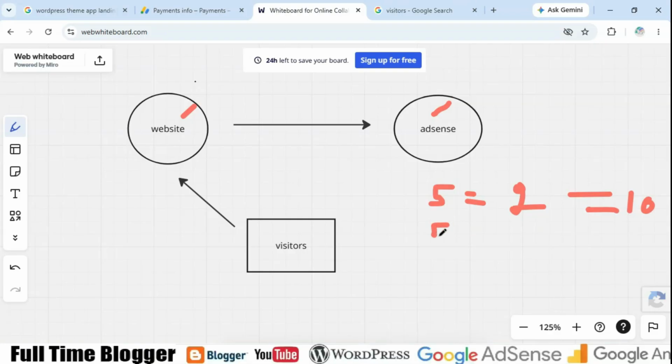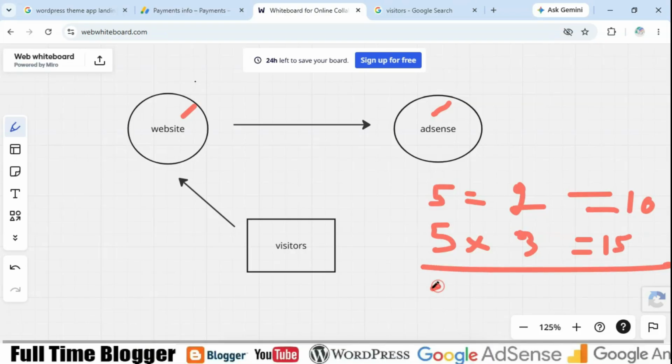If your CPC is $5 and you get 3 clicks, it will be $15. Okay, like this. If you have $5 CPC and you get 4 clicks, you will earn $20.